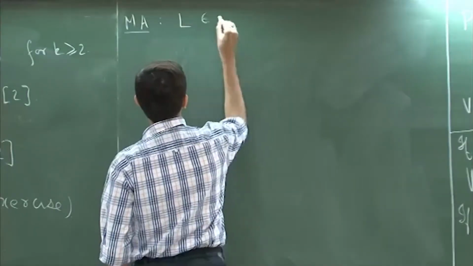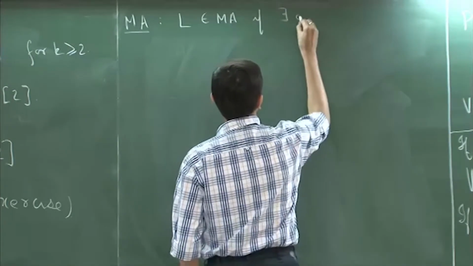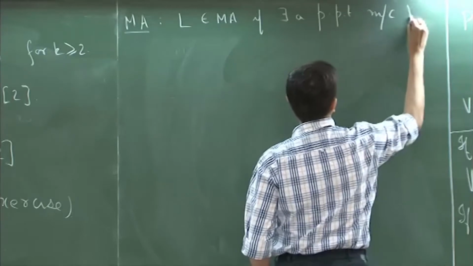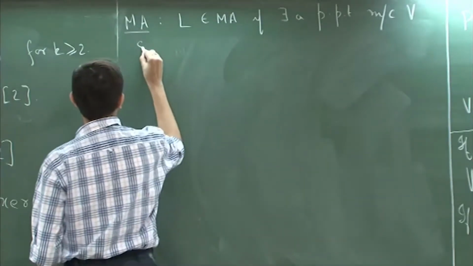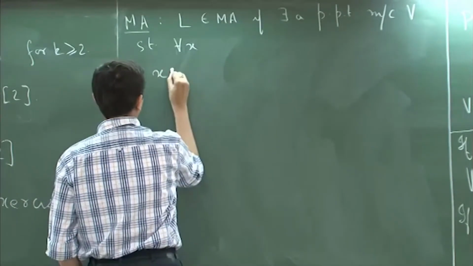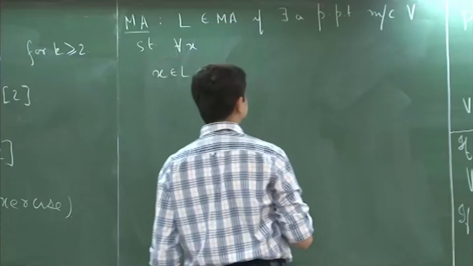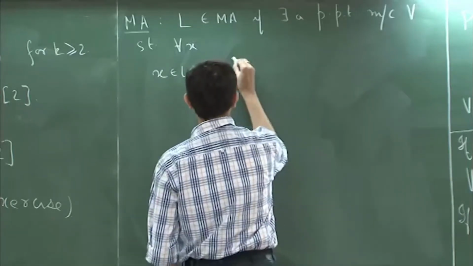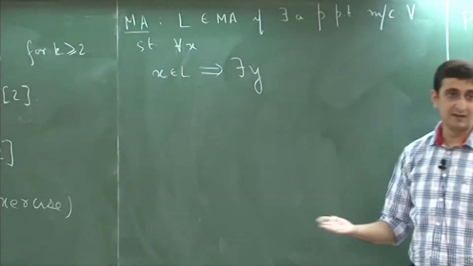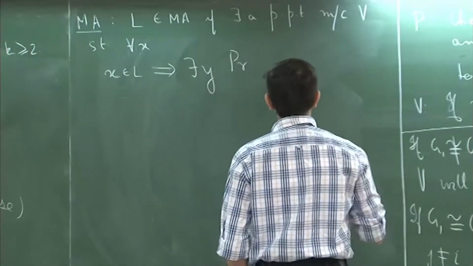L is said to be in this class MA if there exists a probabilistic polynomial time machine V such that for all x belonging to L there exists some certificate y, basically the certificate that Merlin sends to Arthur, such that with high probability Arthur would accept.